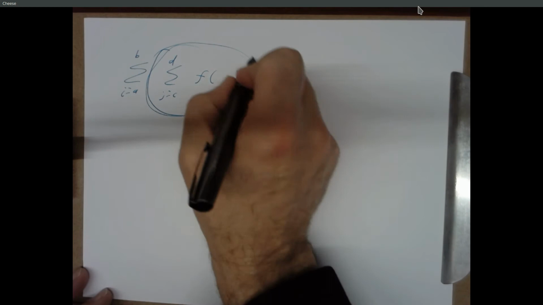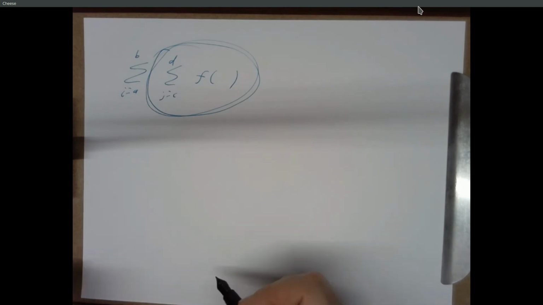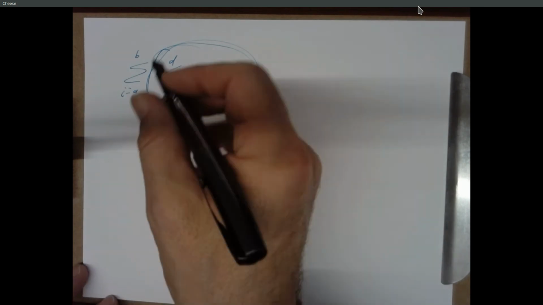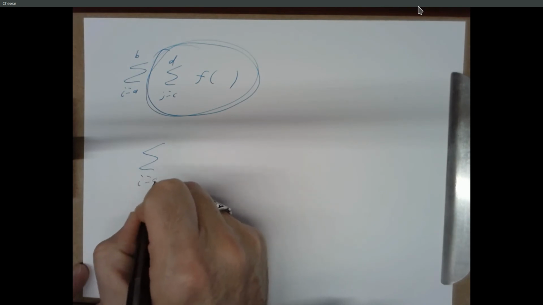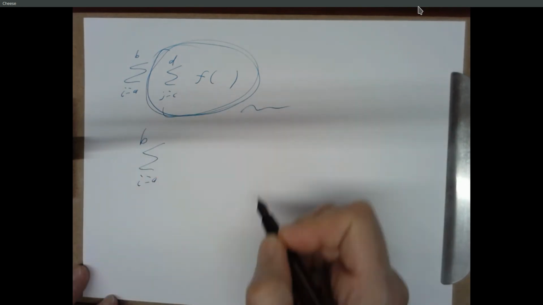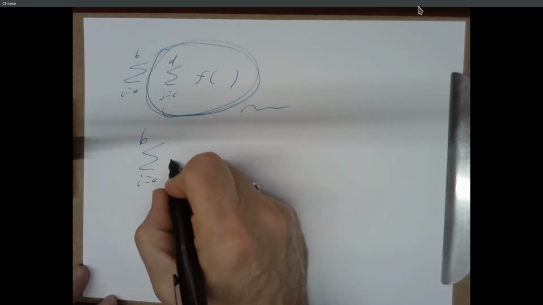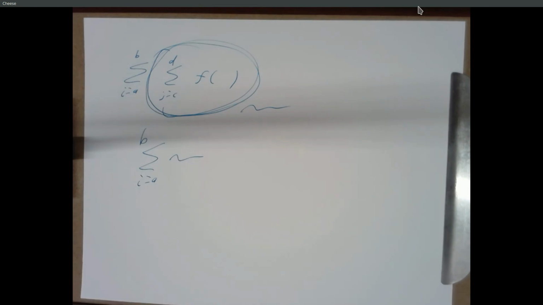First, figure out what this is. That's just a plain old summation. Whatever you get for that, if this turns out to be equal to squiggly line, then this whole thing is just the sum of squiggly line. So just start with the innermost summation, figure out what that is, and work your way outwards. And a double summation is a nested for loop.